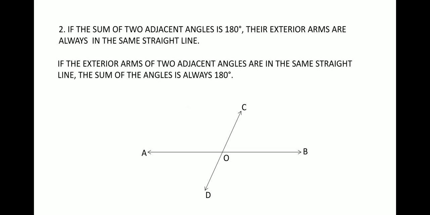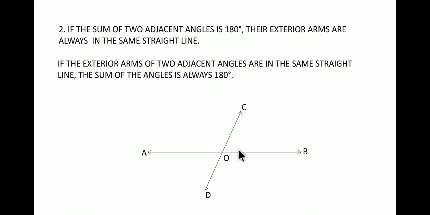If the exterior arms of two adjacent angles, AO and BO, are in the same straight line, then the sum of the angles is always equal to 180 degrees. Then this angle plus this angle will always be 180 degrees.